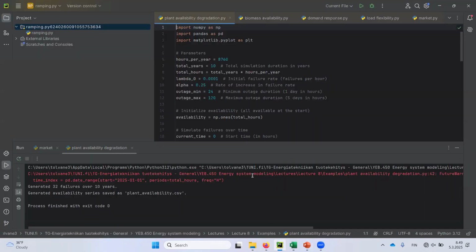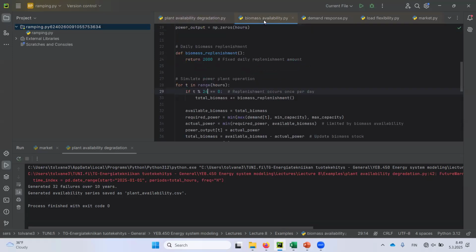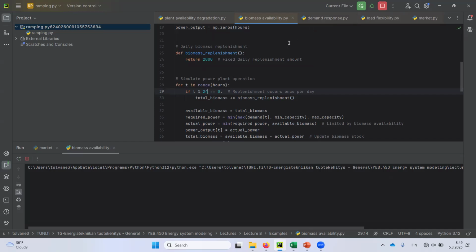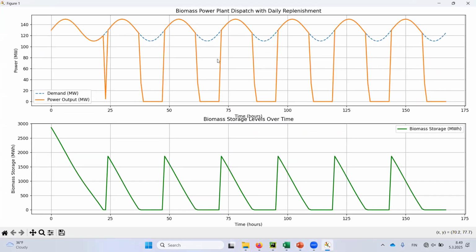And for example, this biomass availability, you could make such a simple model, for example, that you have a load in here. So your production should be something like this. So the consumption, I just put a sine wave in there.